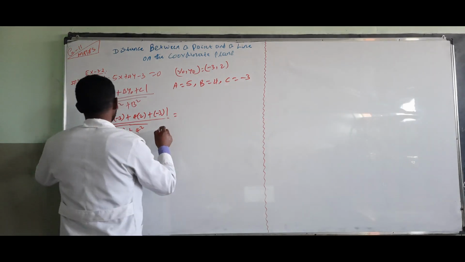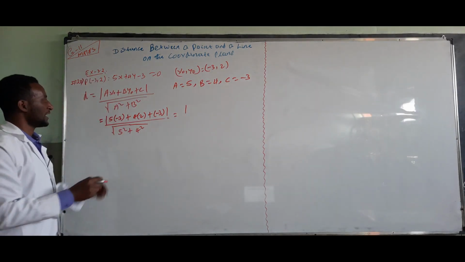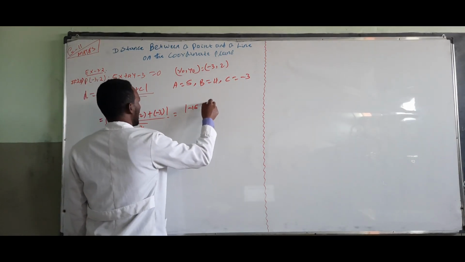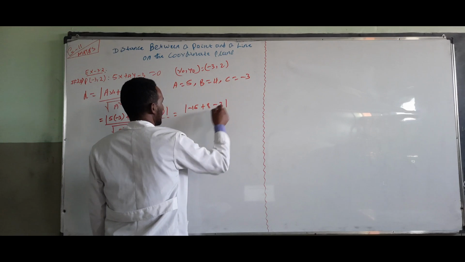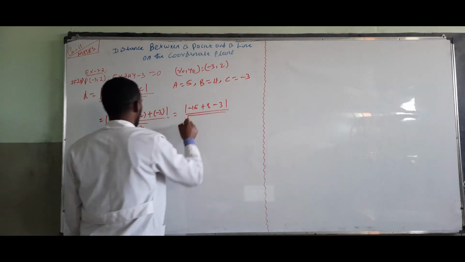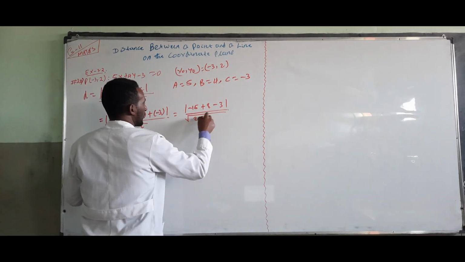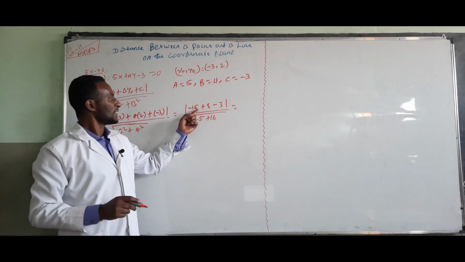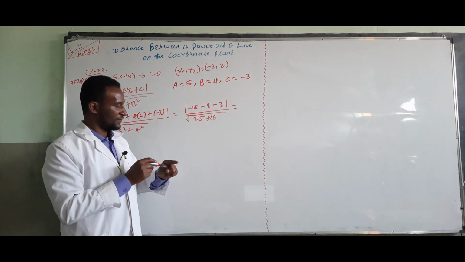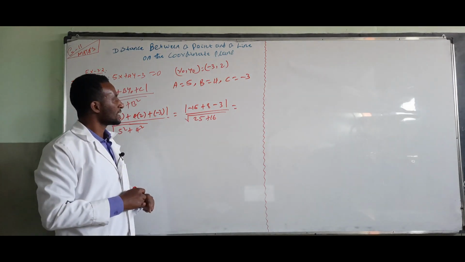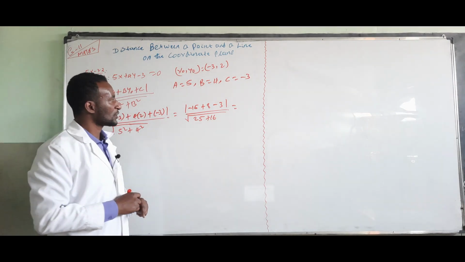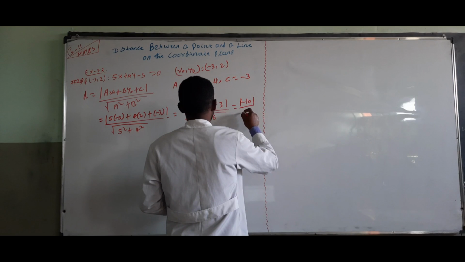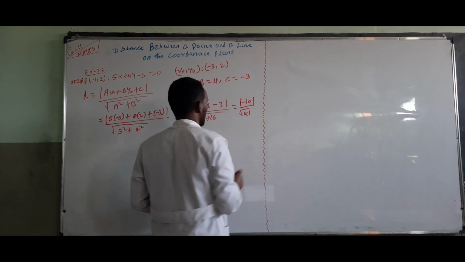Which is equal to the absolute value of -15 plus 8 minus 3 over the square root of 25 plus 16. -15 plus 8 is -7, -7 minus 3 is -10, so the absolute value of -10 over the square root of 41.